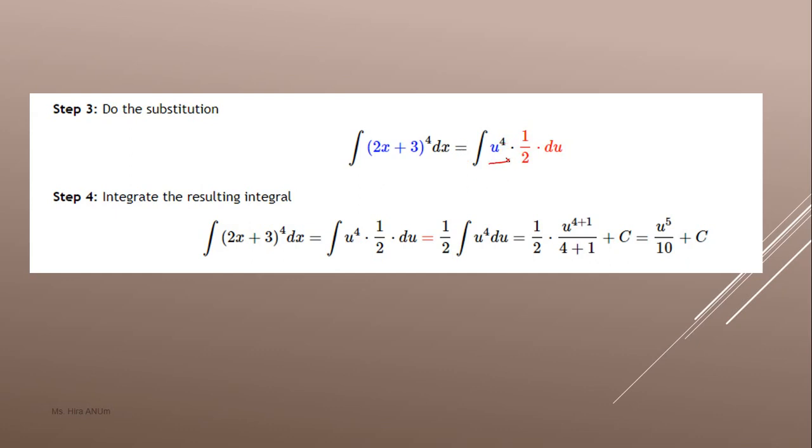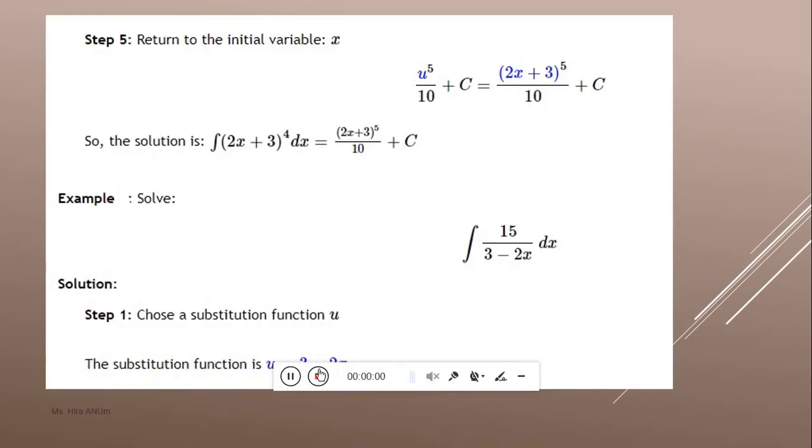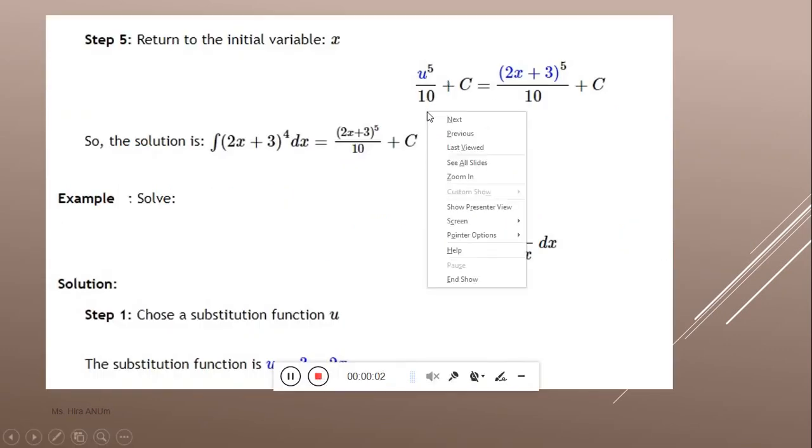Now we integrate this, it becomes u power 5 over 5 plus c. Multiplying with 1 over 2, it becomes u power 5 over 10 plus c. So our answer is u power 5 over 10 plus c.